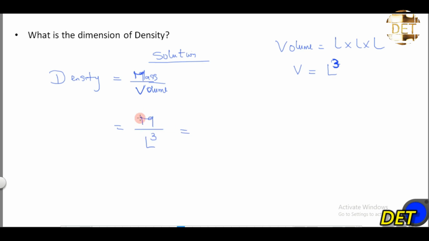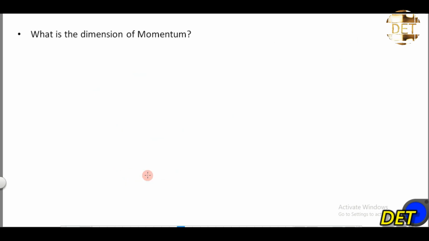So the dimension for density will be equal to M L raised to the power of minus 3. When this L raised to the power of 3 comes up, it becomes L raised to the power of minus 3. So density, which is represented as rho, is equal to M L raised to the power of minus 3. This is my dimension for density, right?